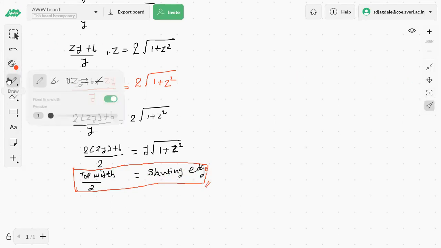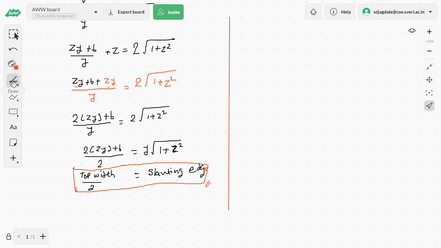Now, if we go for the hydraulic radius R, then we will get another relationship. So, hydraulic radius R is equals to A upon P, isn't it?